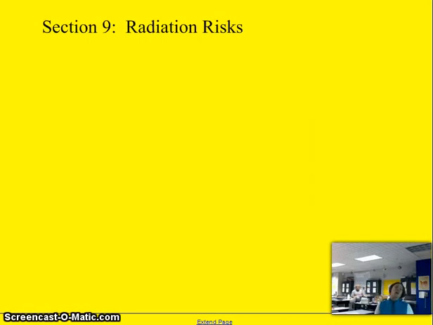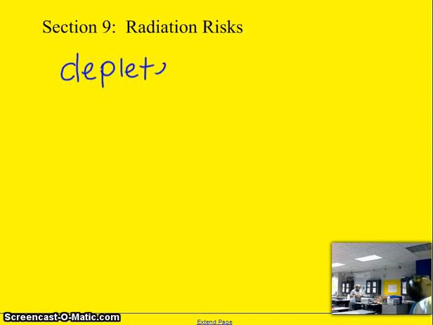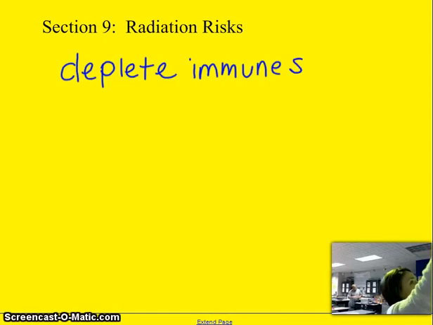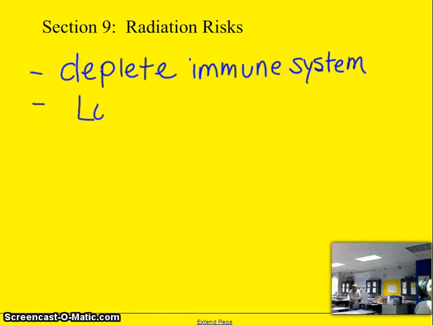Finally, we have to talk about the risks of radiation, and I think from our article on Alexander Litvinenko, you're aware of some of those risks. Radiation, if you're exposed to it, can deplete your bone marrow, your immune system. You could lose your hair.